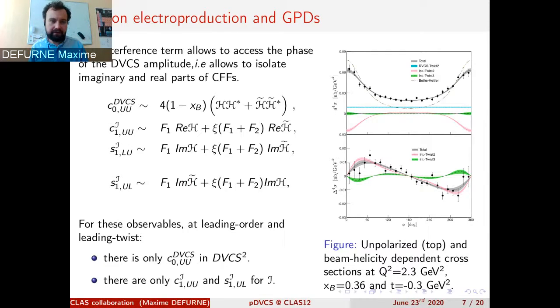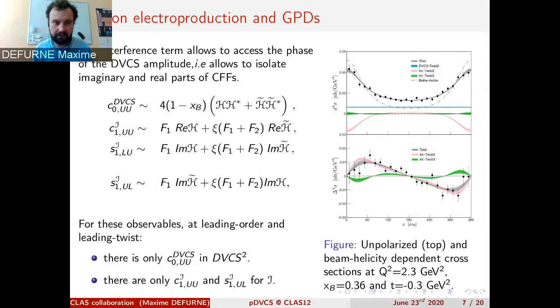Now, the interference term will mostly carry a first harmonic in cos phi in the unpolarized cross-section, and this is the reason why we call DVCS, well, photon electroproduction, a golden channel, because unlike DVMP, through this interference with the Bethe-Heitler we access the real part and imaginary part of the Compton form factors.